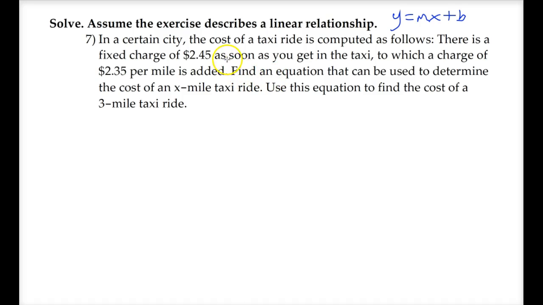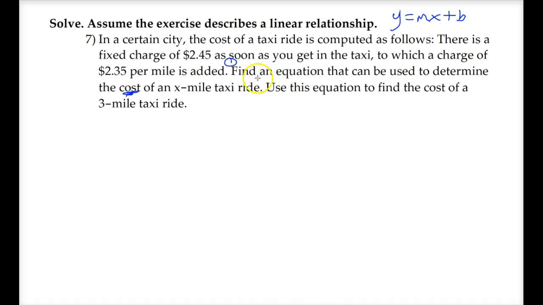The first thing that we're asked to do is find an equation that can be used to determine the cost of an X mile ride. In other words, a 2-mile ride, a 5-mile ride, an 8-mile ride. And so instead of just saying a particular number, we're just saying X mile taxi ride. And then we want to use this equation to find the cost of a 3-mile taxi ride.